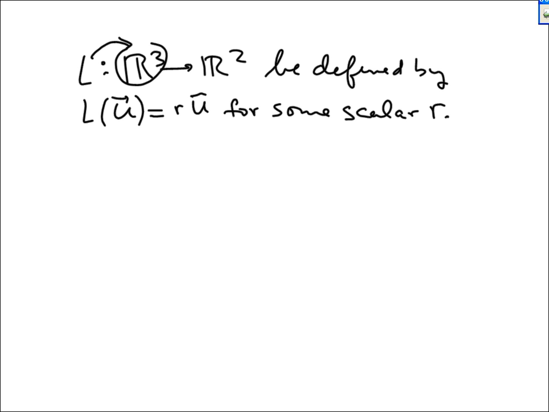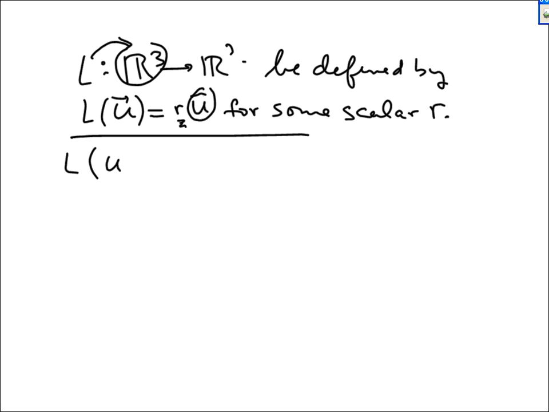And of course, we have a mistake going, because if you have a vector in R3 and you multiply each entry by r, you still have a vector in R3. So L is a mapping from R3 into R3. Now the question is, is L a linear transformation?